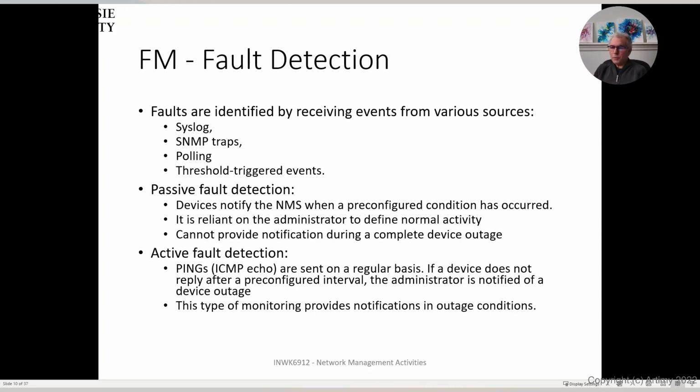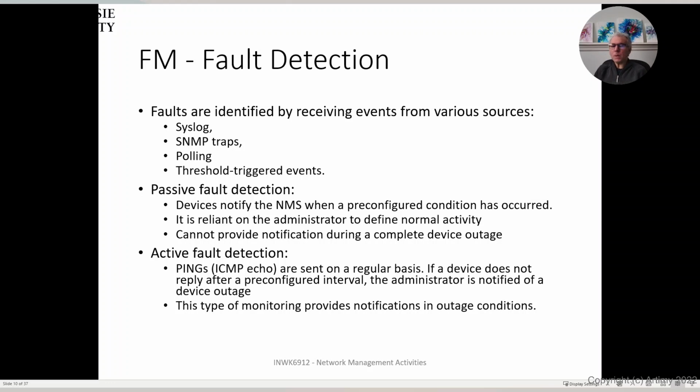So what kind of tools we had in the past? We looked at syslog that sends messages, and some of these messages will carry severity level. So we saw that we may get an error, or we may get a notification, or we may get an emergency. So these are indications that there's something wrong.